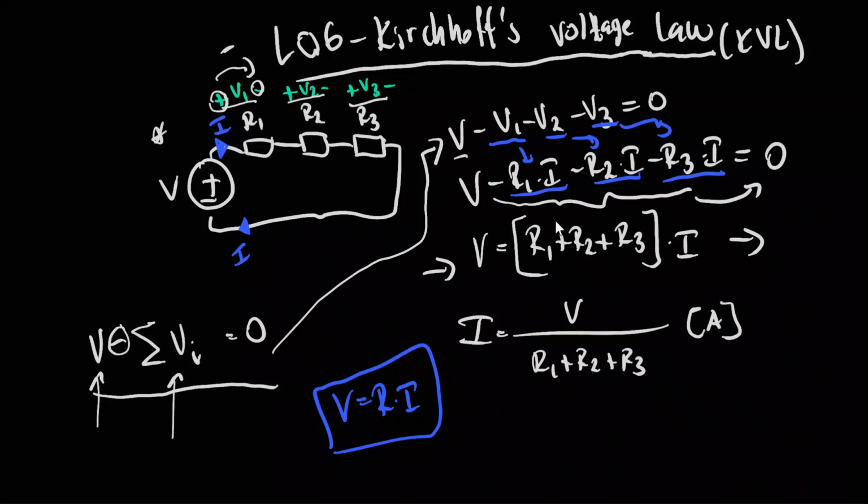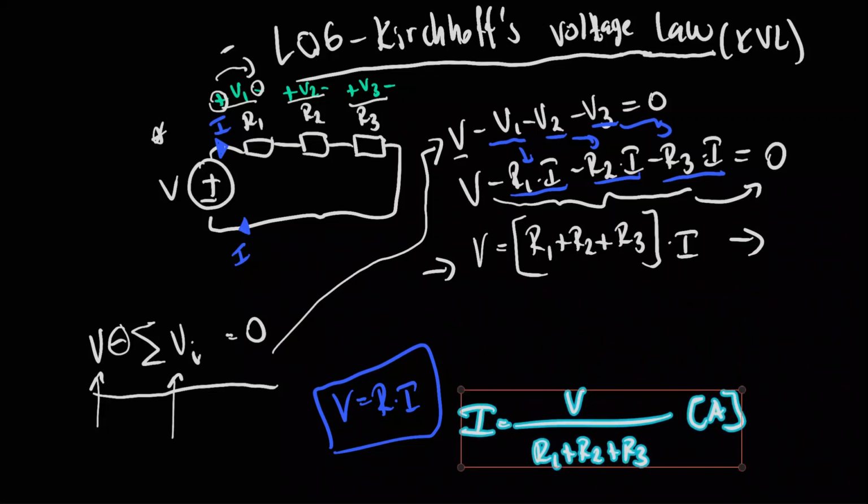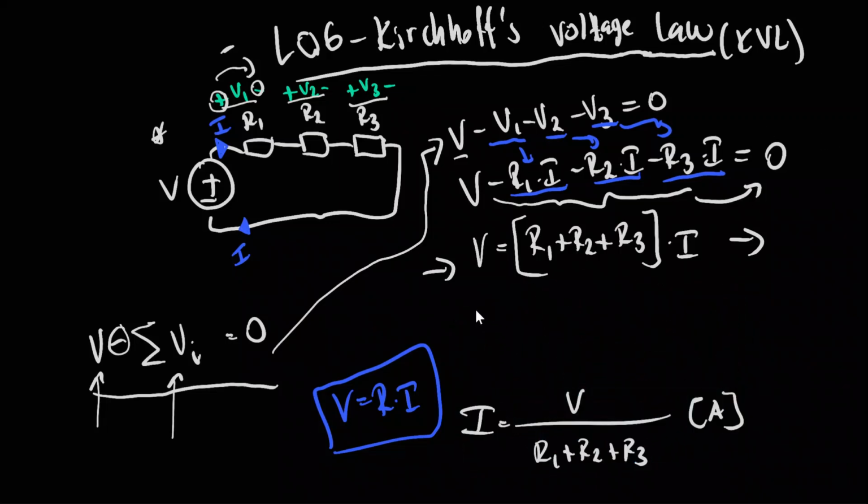And what's really good here is that this term is what we used to call the total resistance, if you pay attention to it. So you see that the voltage equals R total, which is this term, times the current.